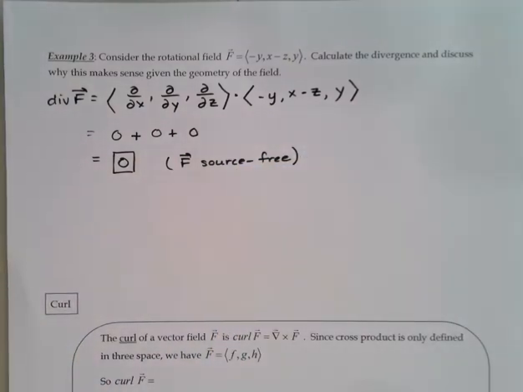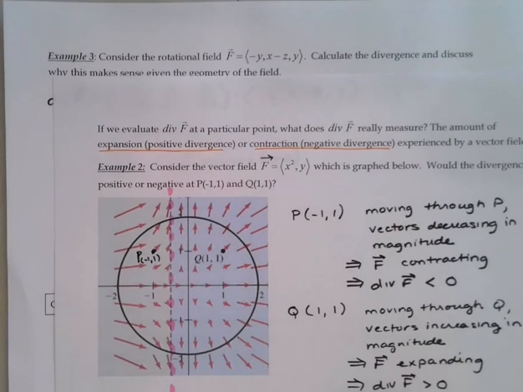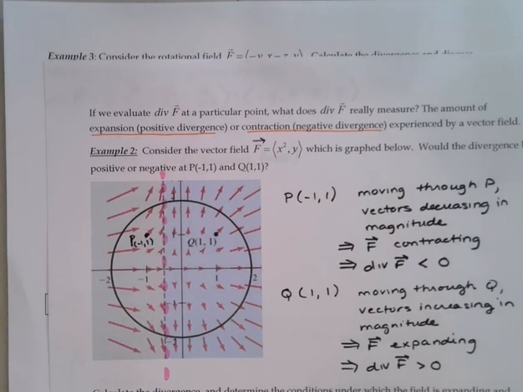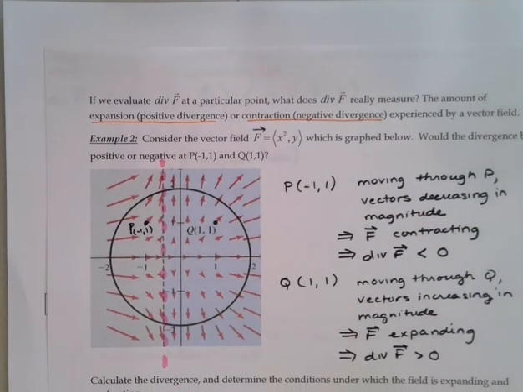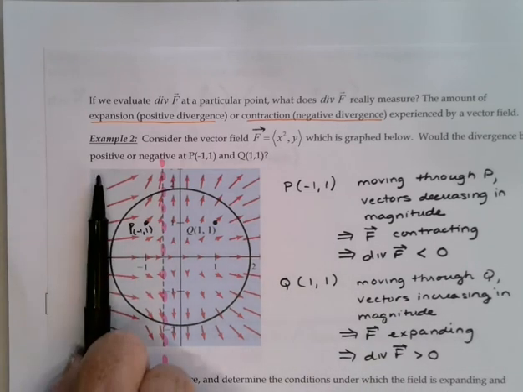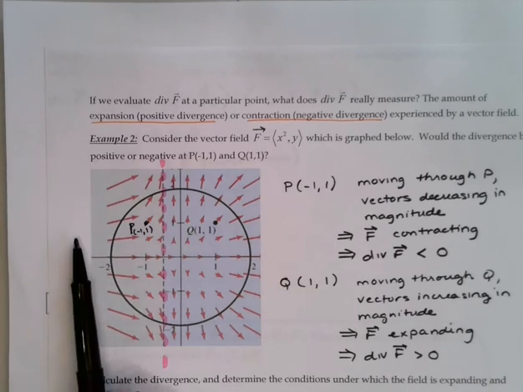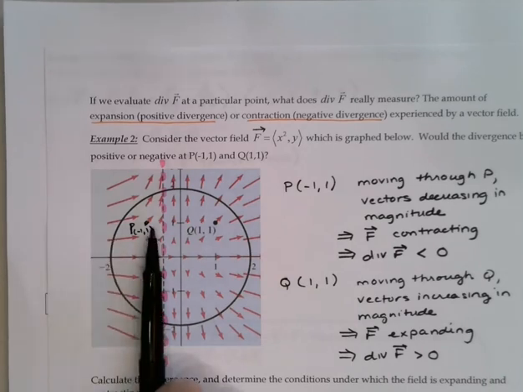So what's going on here? Let's compare the case of the non-source-free and the source-free vector field. If we go back to this one, which did not give us a divergence of 0 in general, we have a vector field that's not source-free. In order for the vector field to contract, the material that crosses over here must have somewhere to go.